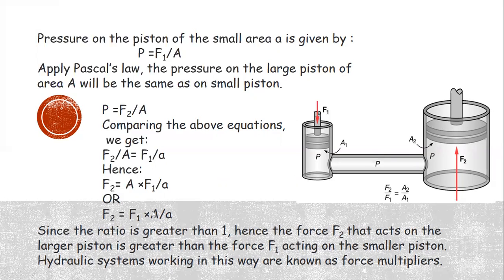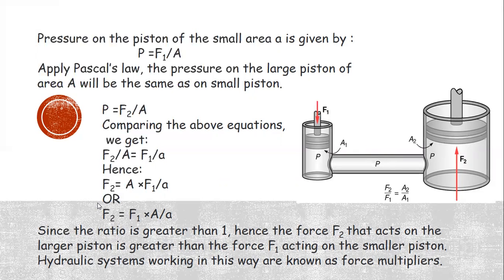You can see, if the area A2 is equal to 2A1, so A1 will get cancelled and force F2 will be twice F1. A hydraulic system working in this way is known as a force multiplier, or force magnifier. So a smaller force applied on this smaller piston gives you a bigger force on the larger piston.